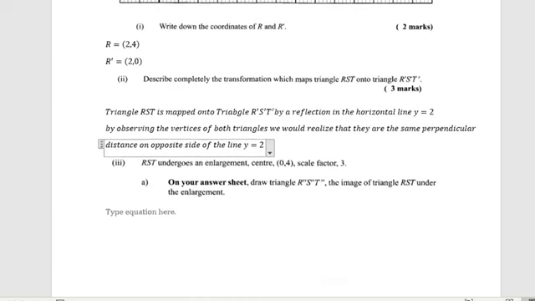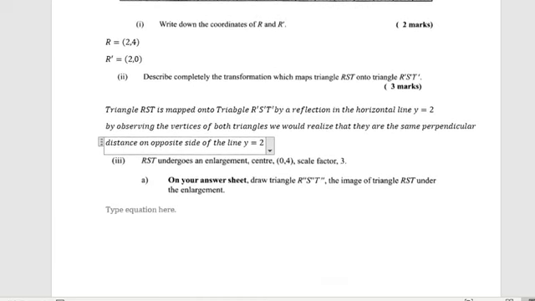So part 3 now says RST undergoes an enlargement where the center is at 0, 4 with a scale factor of 3, and it says on your answer sheet, draw the new RST, the image of triangle RST under this particular enlargement.